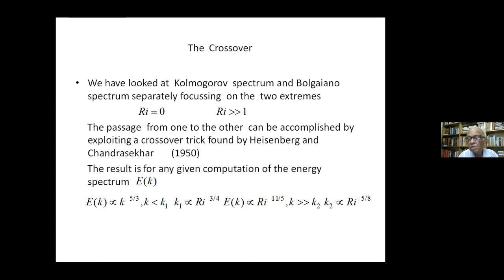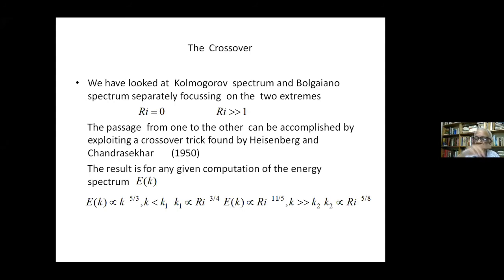This wave number k1 scales as Richardson number to the -3/4. If on the other hand, the wave number is greater than a certain wave number k2, then E of k would scale as Richardson number to the -11/5.